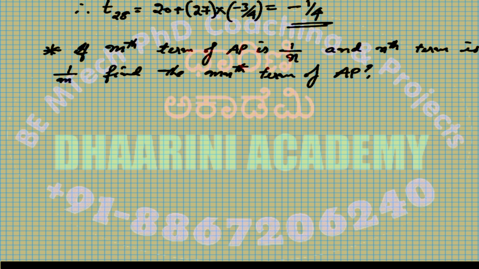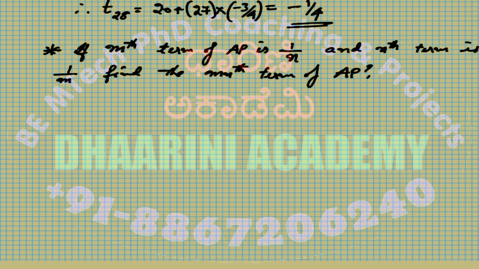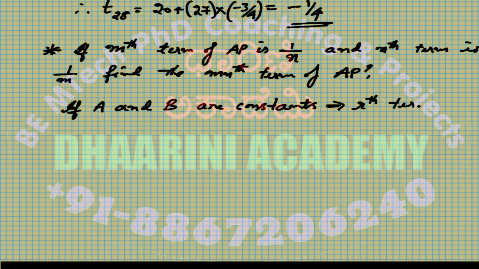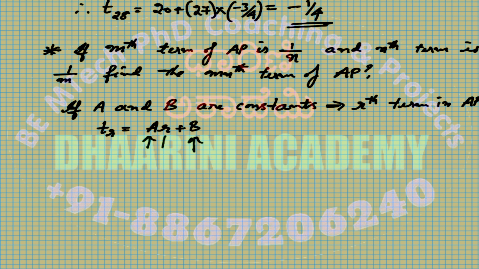You can assume it in this way: let us say we have two constants, A and B. Then any rth term in the AP, denoted by Tr, is equal to A into r plus B. So this can be the first number, this can be the difference, and r can be any term number: 1, 2, 3, 4, etc. This is the general representation, provided we have no idea about the terms.